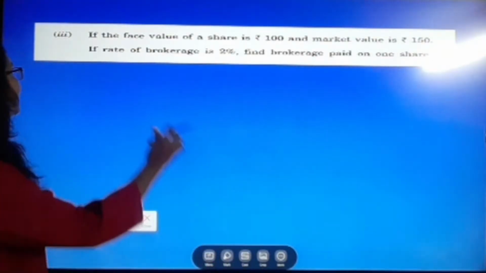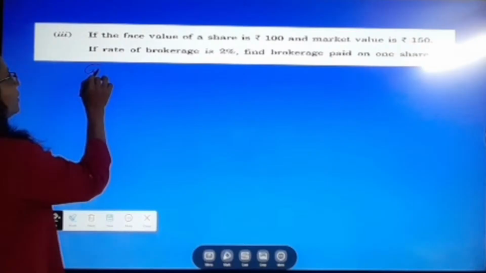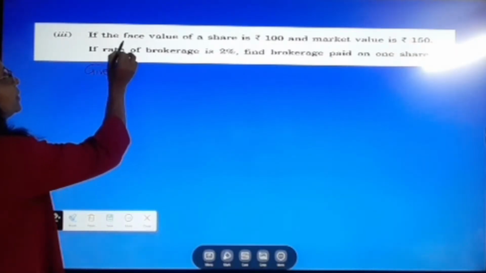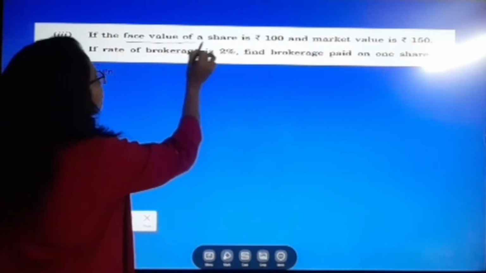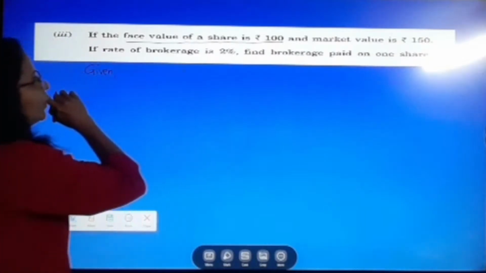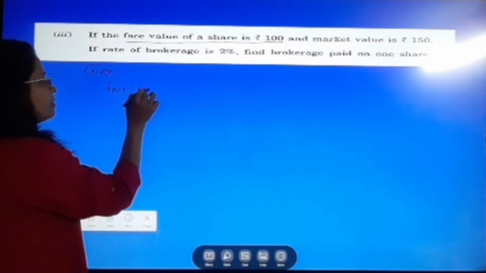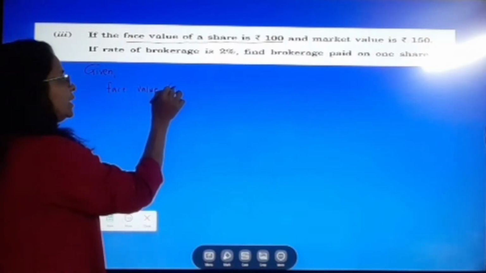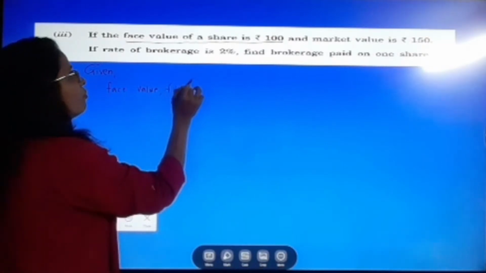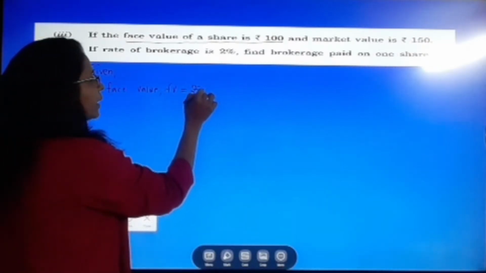Face value, the abbreviation FV, is equal to rupees 100.